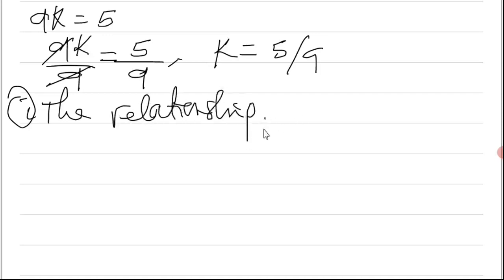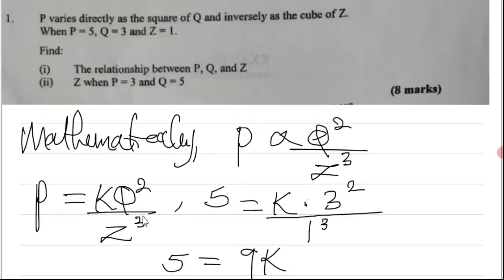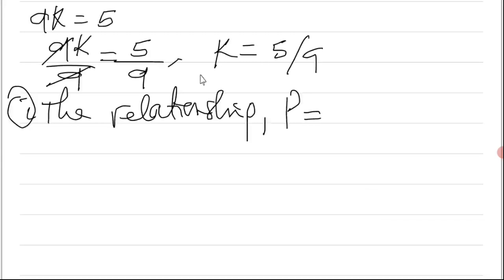In writing down the relationship, that is question 1, the relationship will now be P is equal to KQ squared over Z cubed.